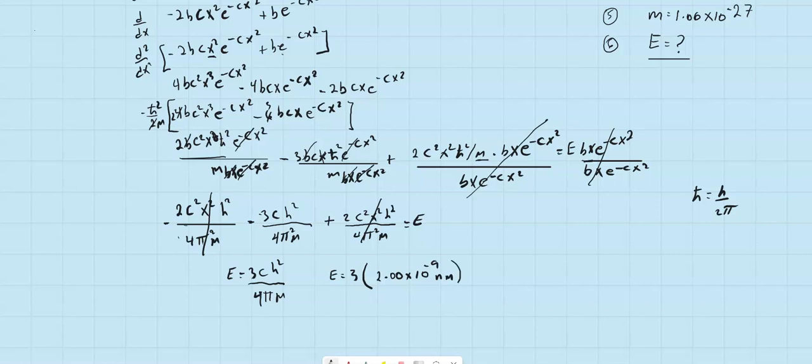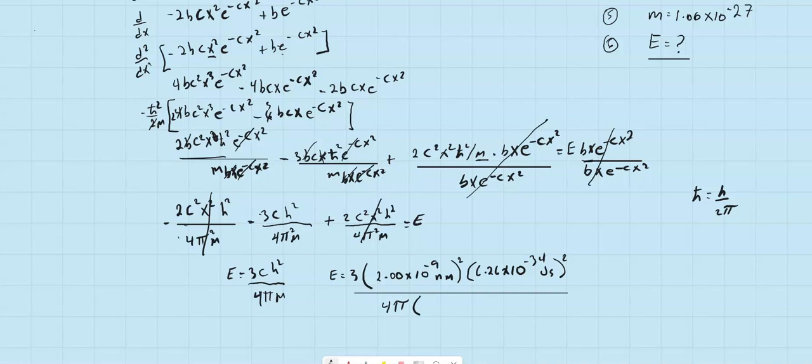Then I got it in a square, times my Planck constant, which is 6.26 times 10 to the negative 34 joule seconds, and it's going to be squared also because it's squared right here, all over 4 pi times my mass.